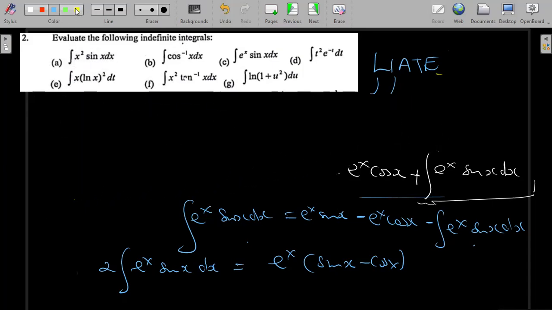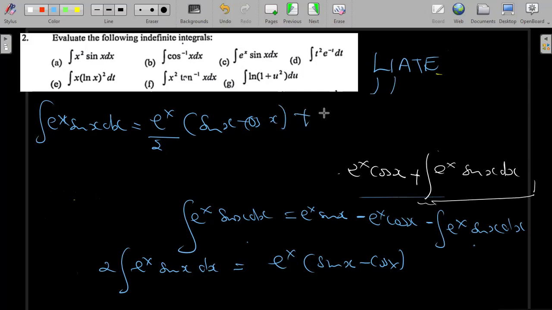I'm just going to have that the integral of e to the x sine x dx is e to the x divided by 2, times sine x minus cos x. Then I add my constant c. And that's how you integrate that.